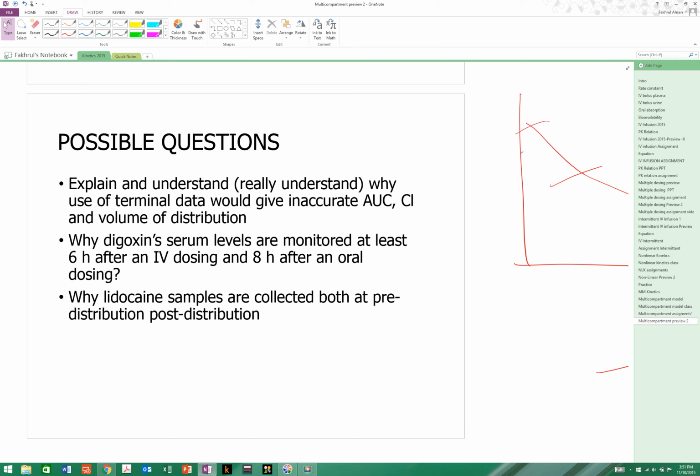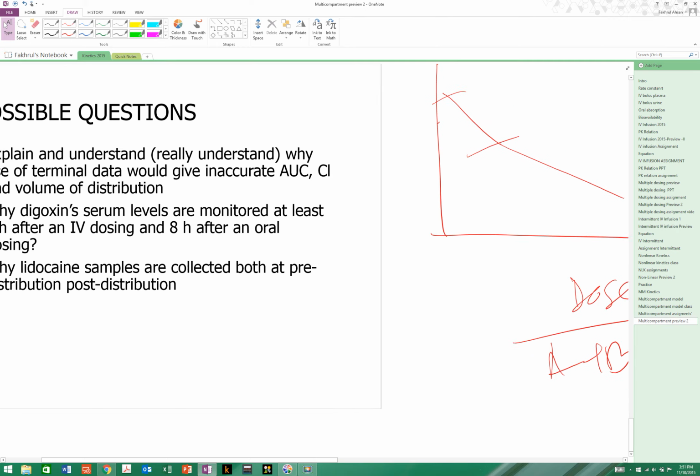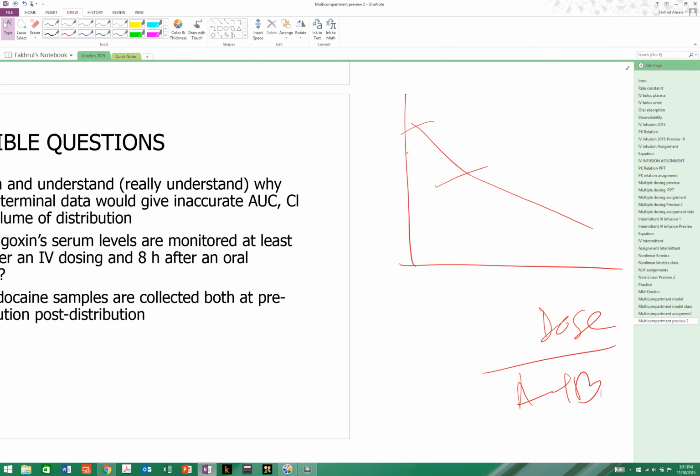Why are digoxin serum levels monitored at least 6 hours after? Because digoxin elicits its therapeutic effect in the peripheral compartment, and it takes 6 to 8 hours to distribute.